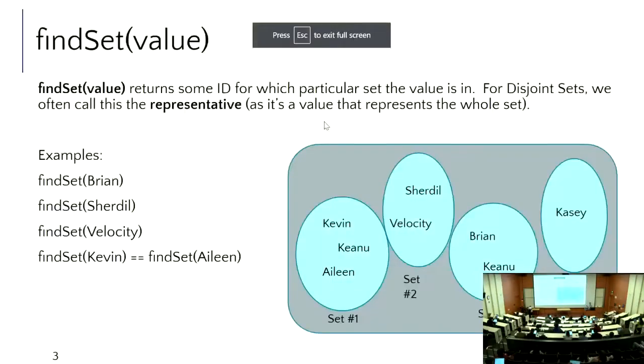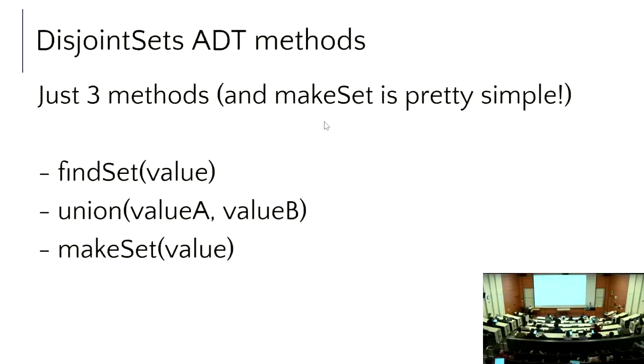Okay, so let's talk through, in theory, how each of these functions work, because you're going to be implementing these functions. You're going to make a disjoint set, and you're going to use these functions to implement Kruskal's algorithm, just like I showed you highlighted in that pseudocode on that first page.